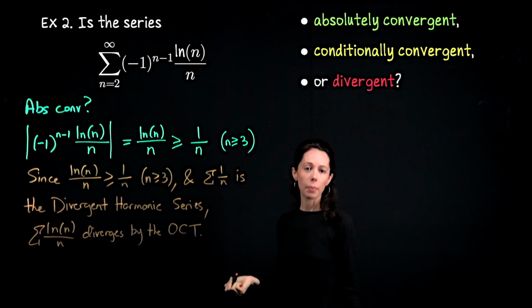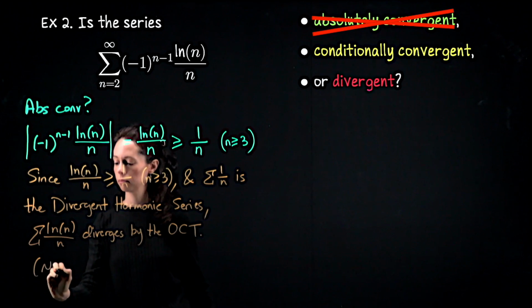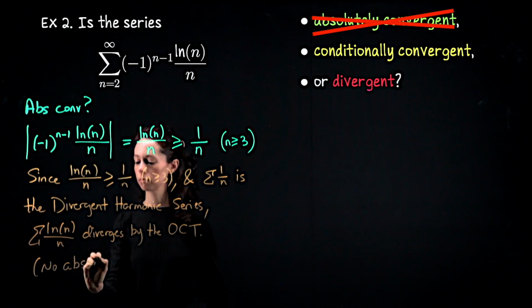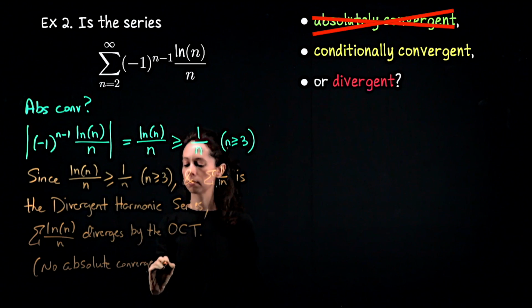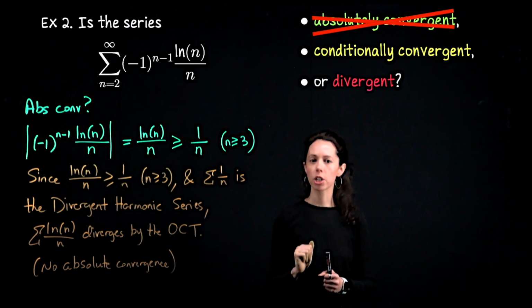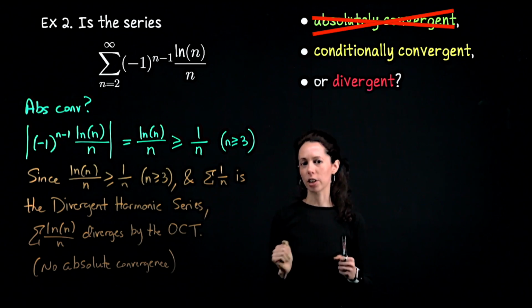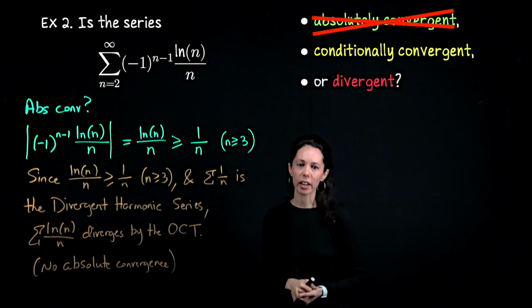That means we cannot be absolutely convergent. If this series does converge, it's going to need the fact that the terms are alternating. If we make them all non-negative, it's not going to converge.